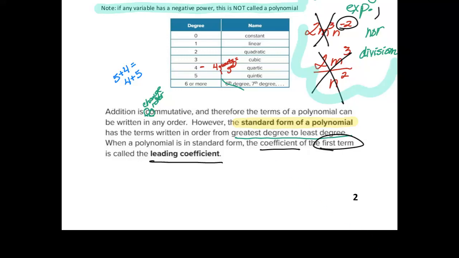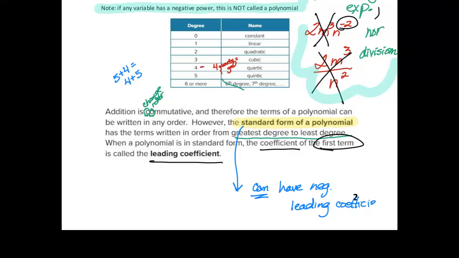Now, the only thing here, if you remember standard form of a linear equation, you could not have a negative. We always said we needed A to be positive, right? But here, you can have a negative leading coefficient.